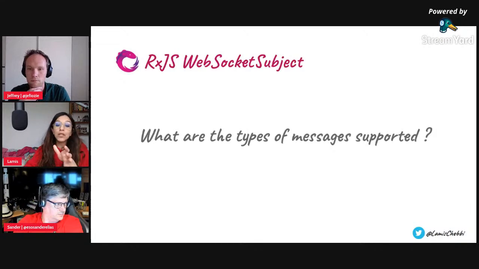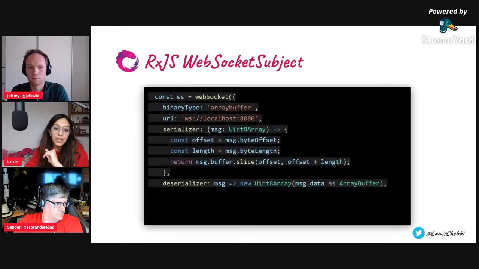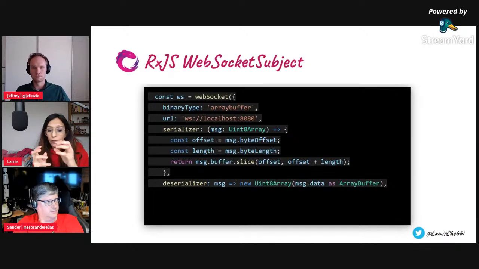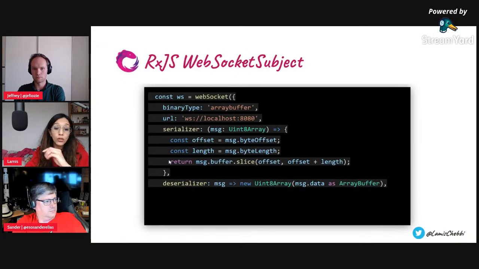Now, what are the types of messages supported? Well, there are a lot of types supported, like JSON, string, and you can also use array buffers or the binary type. This is the regular example where I have to use the array buffer as binary type, and in order to do this, you have to change the serialization and deserialization of your messages, because you can no longer use JSON parse or JSON stringify.